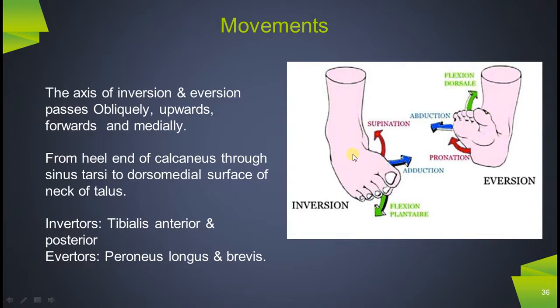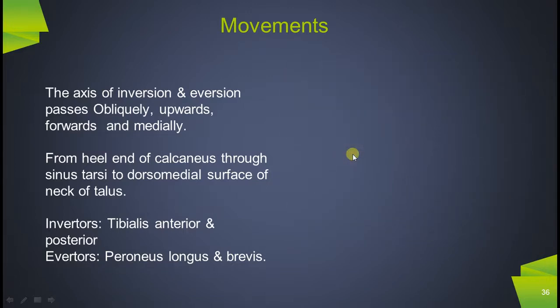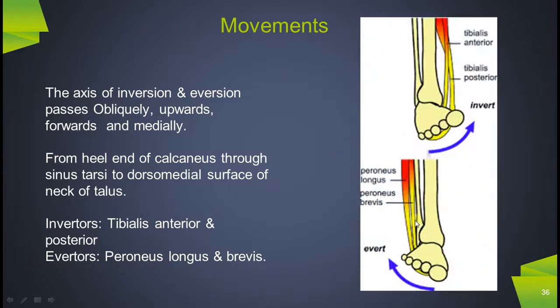But since supination and pronation take place here, it cannot be exactly compared to the radio-ulnar joints. The tibialis anterior and posterior muscles bring about inversion, whereas the peroneus longus and brevis muscles bring about eversion of the foot.